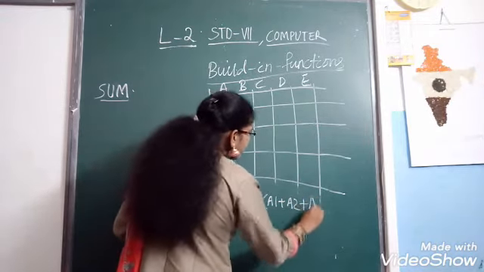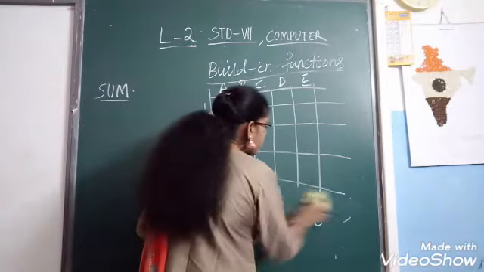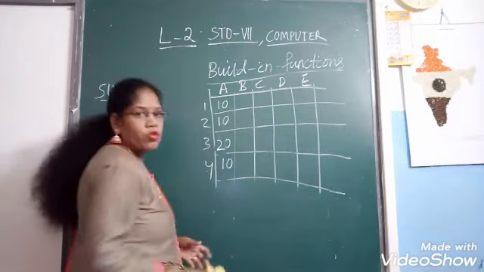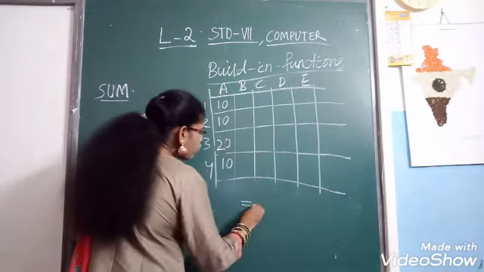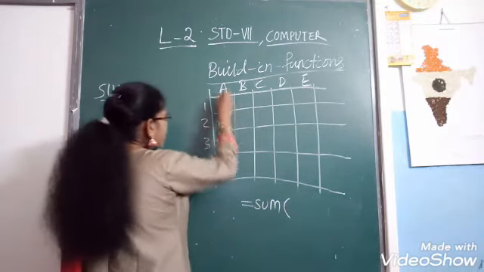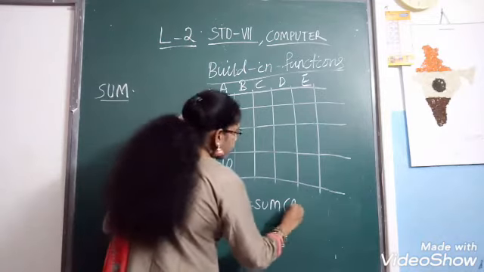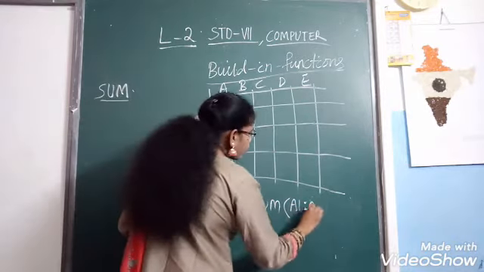Then press enter, and the answer used to come 50. But instead of writing this long process, because it is a function, I can write in short: equal to sum bracket A1 to A4. Press enter and the answer will display.